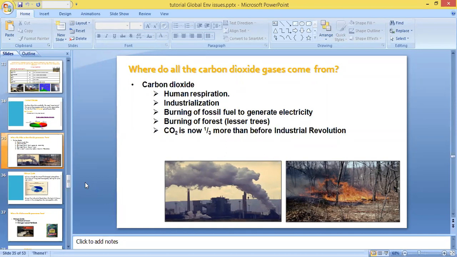CO2 is now one third more than it was before the industrial revolution. So you can see that the impact of greenhouse gases has also increased by one third, that is, by 33 percent, due to CO2 alone. That is again a serious and challenging task. So just have a quick note of this.